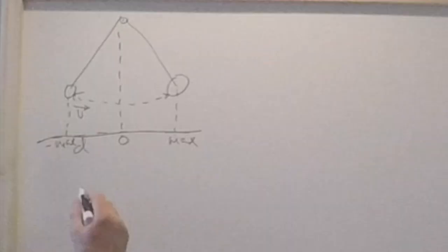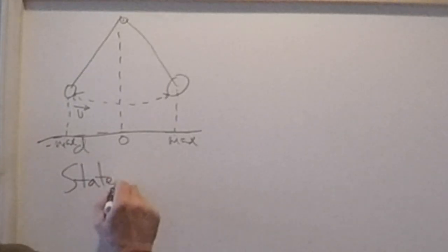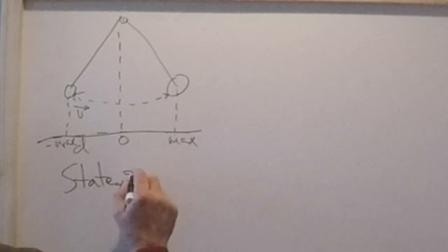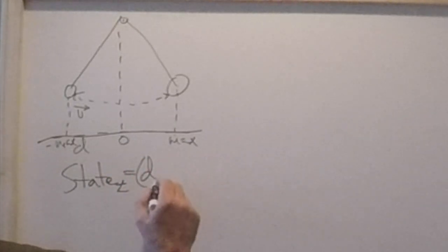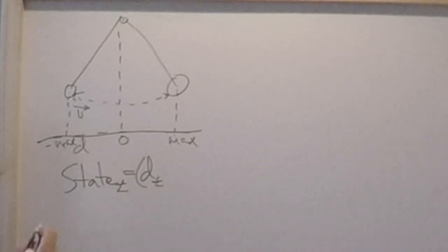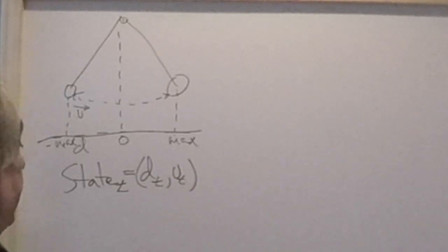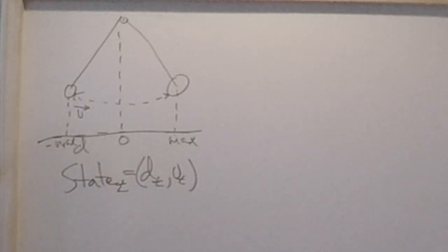So the state of the pendulum at time t can be characterized by the position at time t and the velocity at time t. So, in this very simple case, there are two parameters that describe the state of the pendulum at any given time.